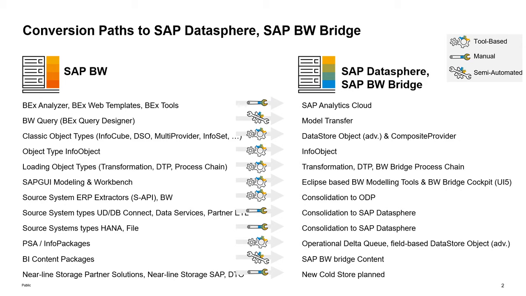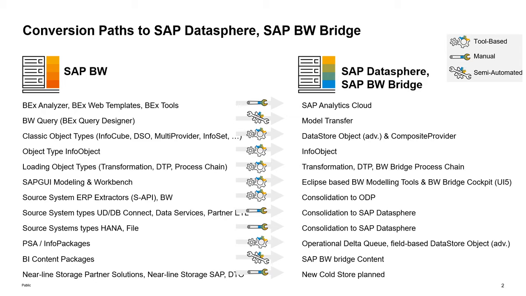For our classic object types, things like InfoCubes, DSOs, MultiProviders, those do not exist in SAP Datasphere, SAP BW Bridge. We're now leveraging advanced DSOs and CompositeProviders, so the tool helps us with that conversion, as well as the object type InfoObject. It's still an InfoObject in the BW Bridge, so the tool helps with that conversion as well.